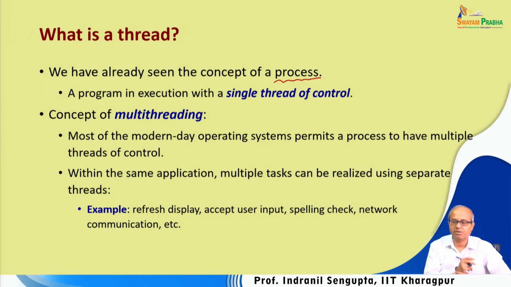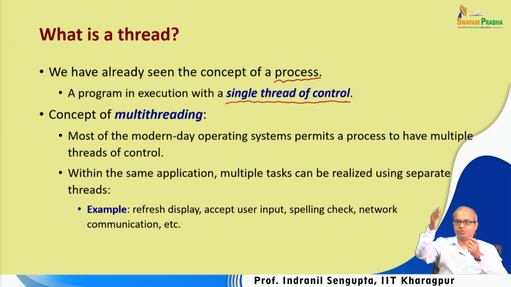Because there is a single program counter, we say that there is a single thread of control. Why do we say that? Because when a program is running, depending on the program counter, a particular sequence of execution flow is carried out. If there is sequential execution, instructions execute one by one. If there is a branch instruction, it will branch to some other instruction. Depending on your input data, it will follow a single thread of execution.